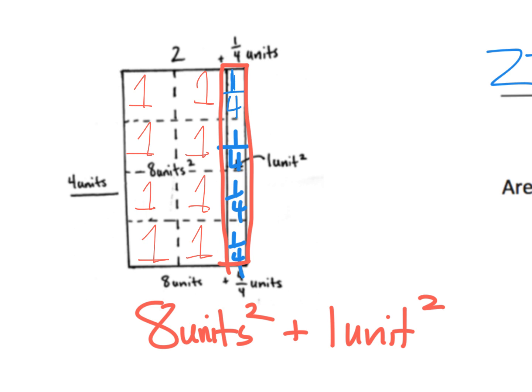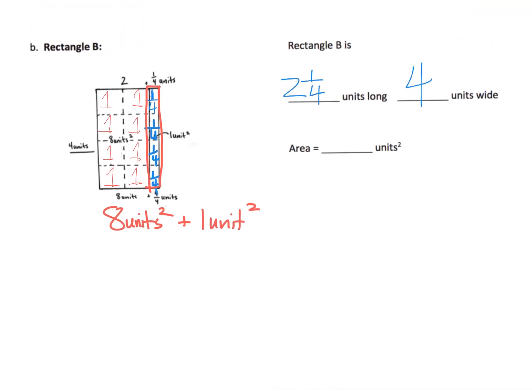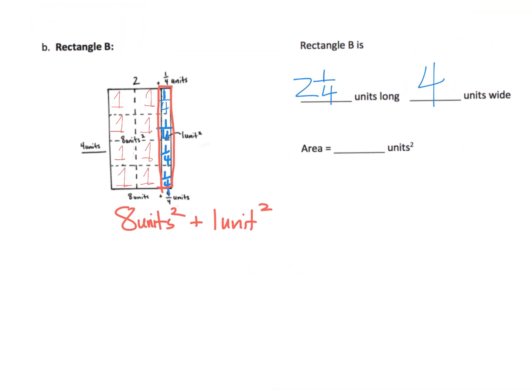And so now I can zoom back out so that we can see the rest of the thing. And so these 8 right here plus this 1 right here means we have 9 square units as our area. So that's the idea. Kind of feels cumbersome at this point, but it's because we're laying the groundwork for this standard algorithm in the future.